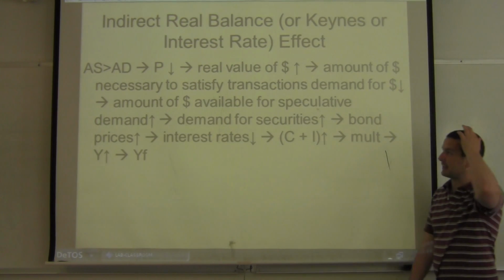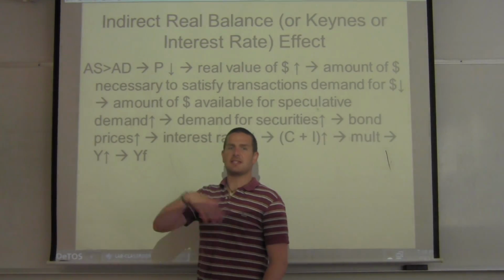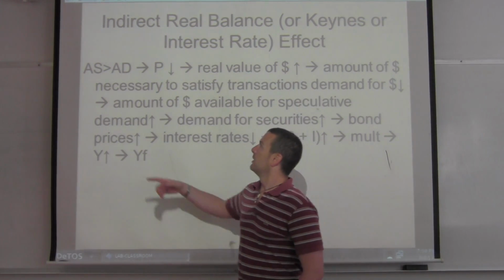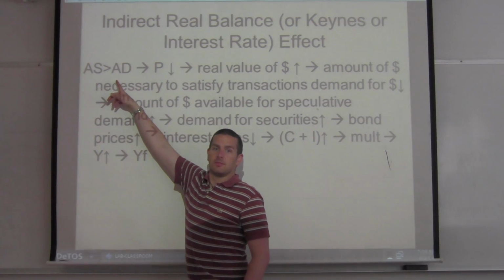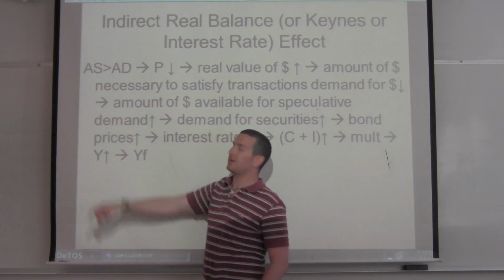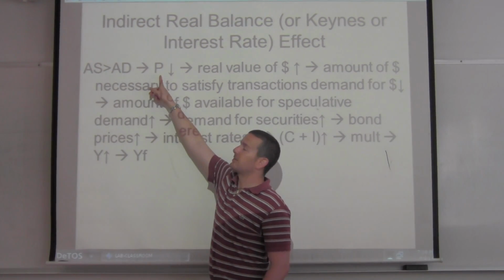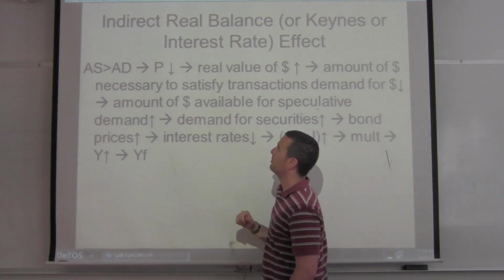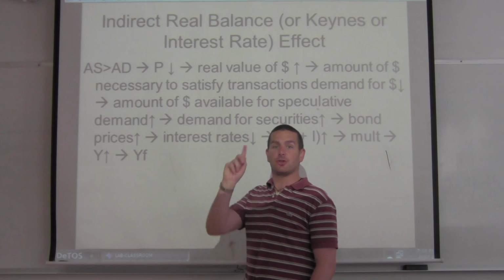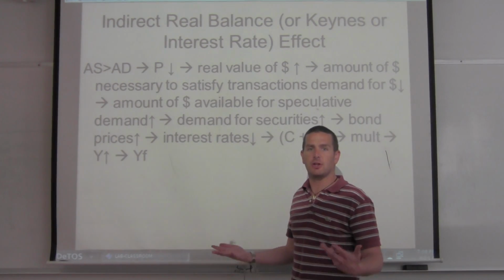So now let's talk about the Keynes effect. The Keynes effect starts off the same way as the Pigou effect. When demand drops off, when aggregate supply is greater than aggregate demand, prices go down. When prices go down, the real value of your money increases. The real value of your dollar increases.